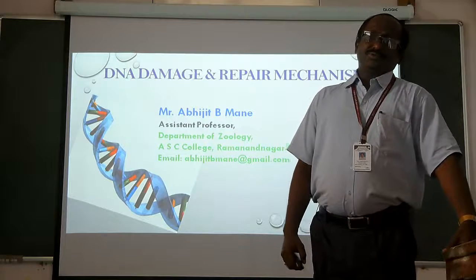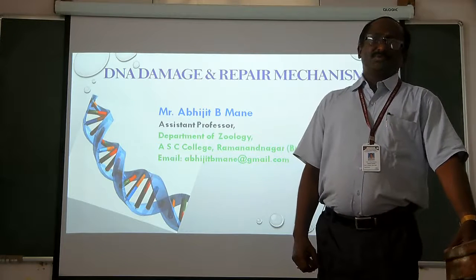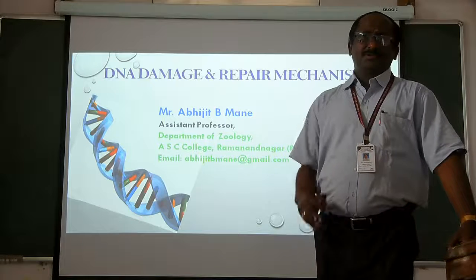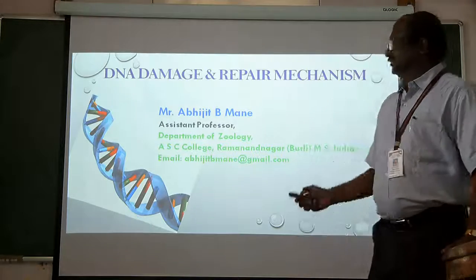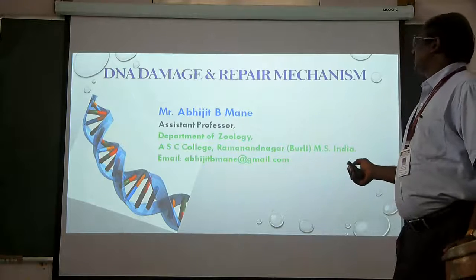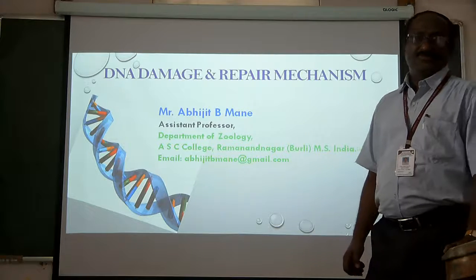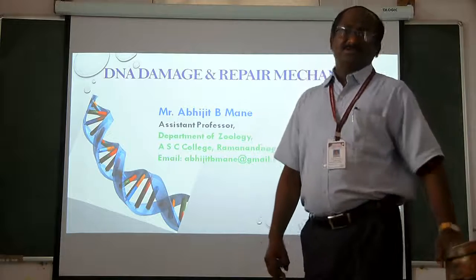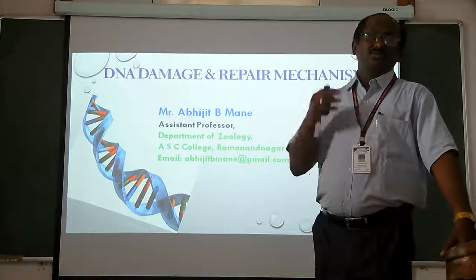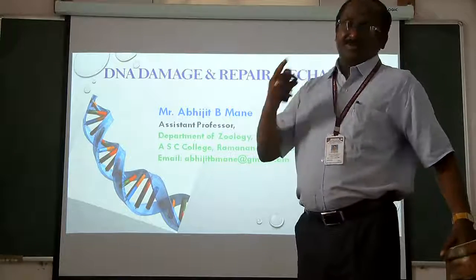Good morning, dear students. We are supposed to look into the next topic of our unit, that is DNA damage and the repair mechanisms. Now, in the initial topic we had discussed how DNA replication takes place.